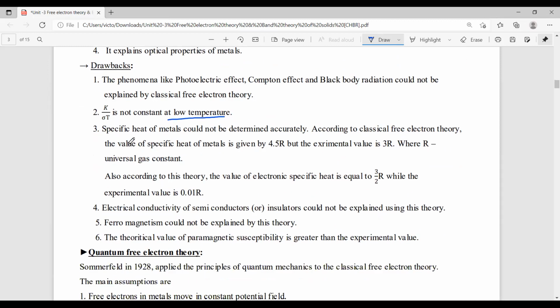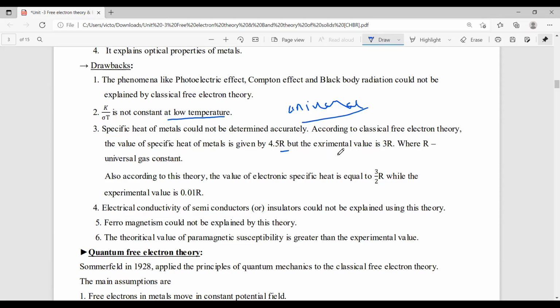And the specific heat of metals could not be determined accurately. According to classical free electron theory, the specific heat of metals is 4.5 R. Here R is called the universal gas constant.